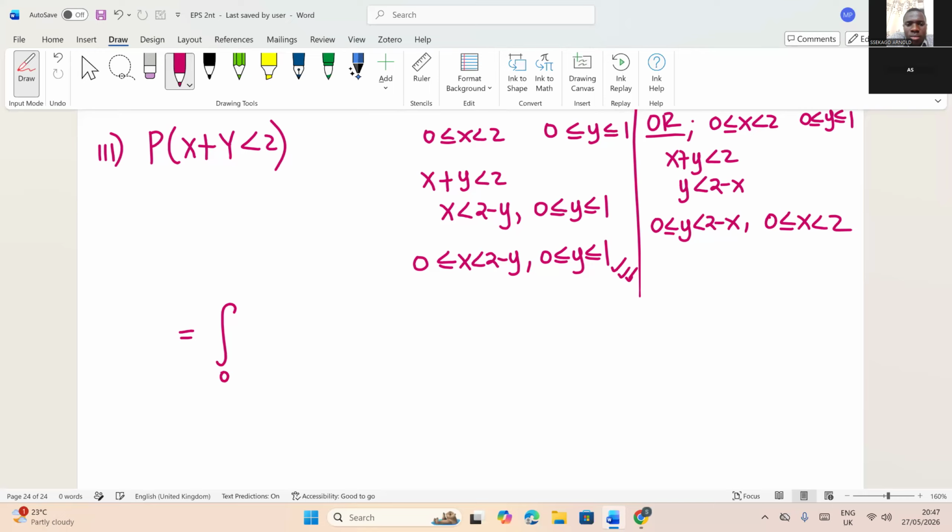So 0 to 1, followed by 0 to 2 minus y, of f(x,y). These are limits for dx dy.